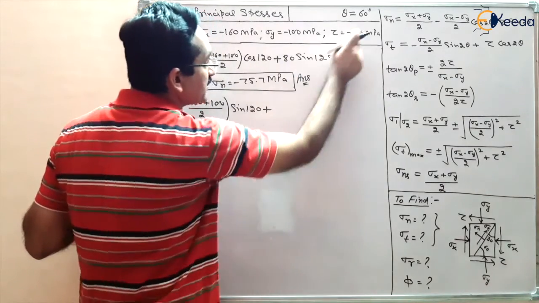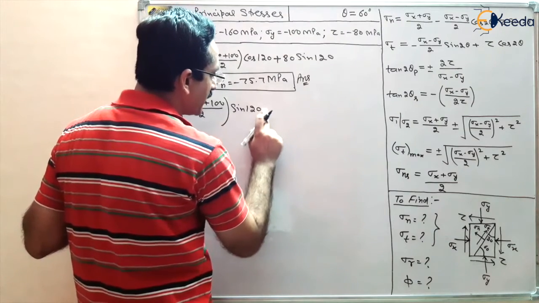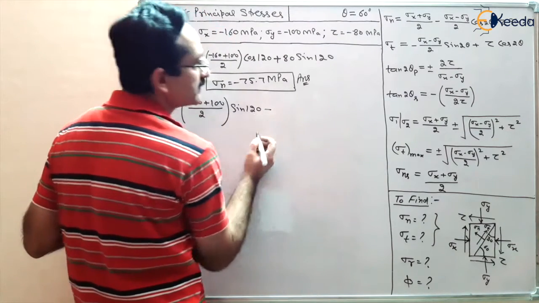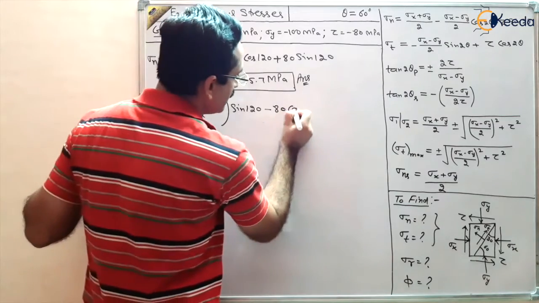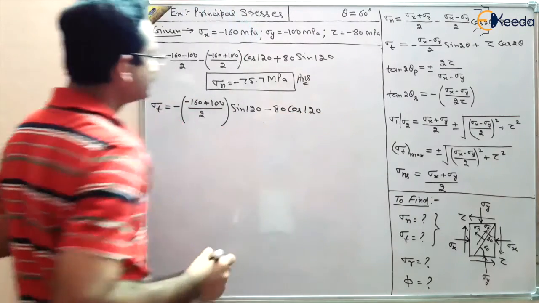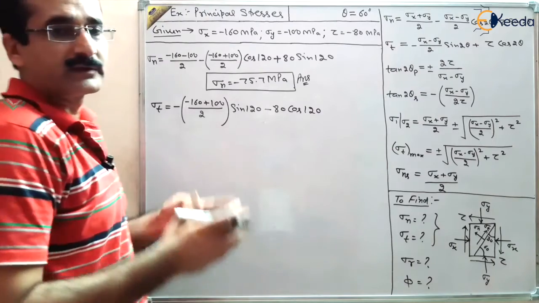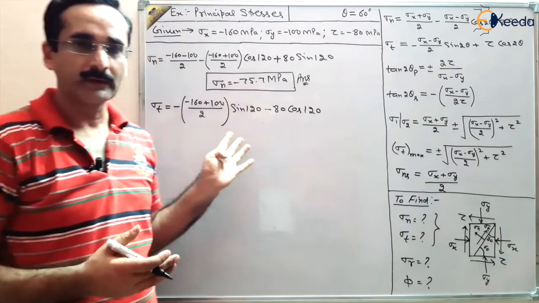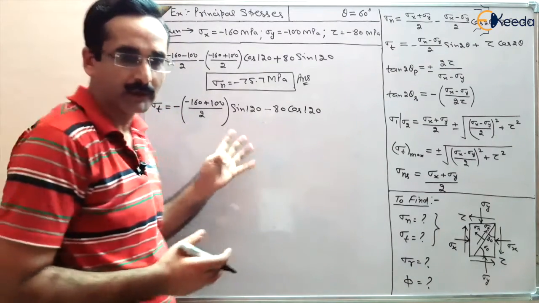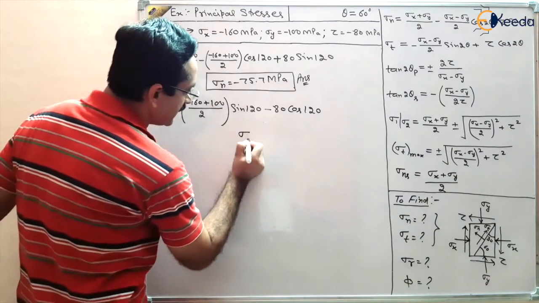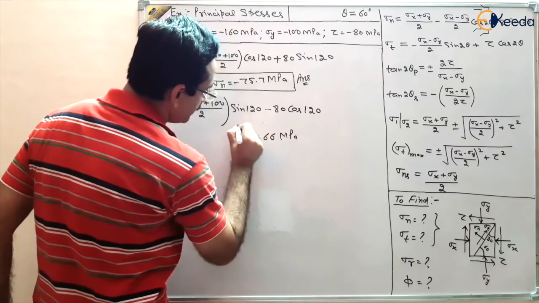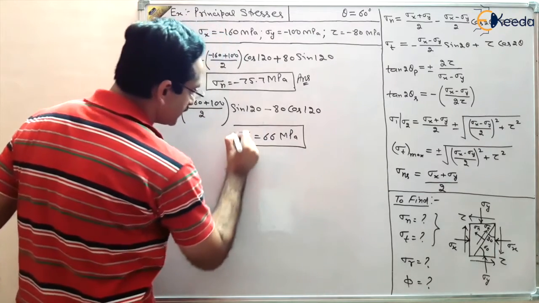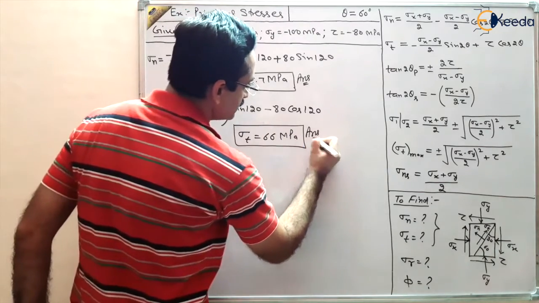So minus 80 and this is plus, so it will become minus 80 cos 2 theta, cos 120. Use your calculator and you will get the value of sigma t as 66 megapascal. So this is another answer.